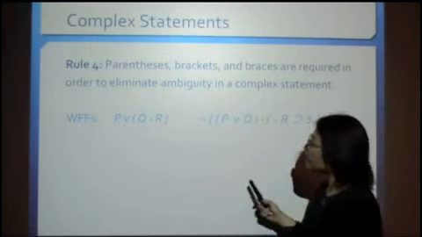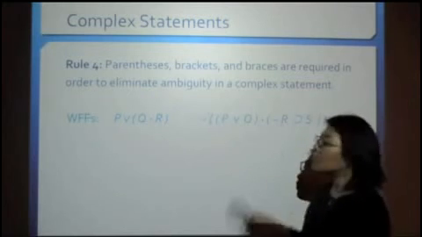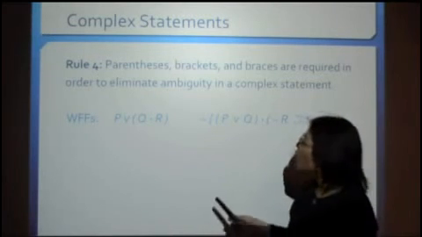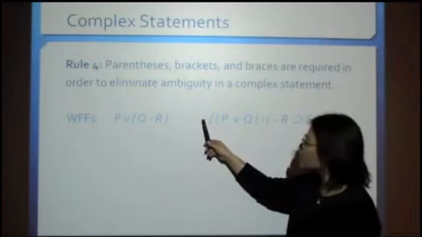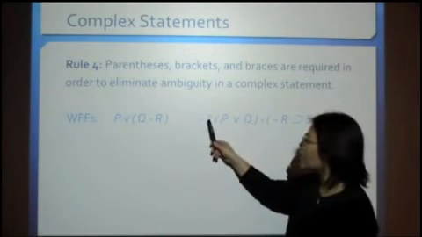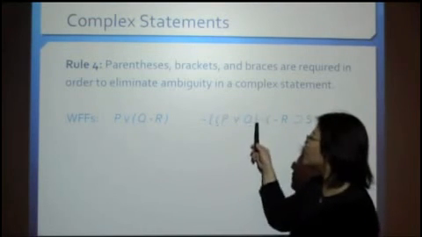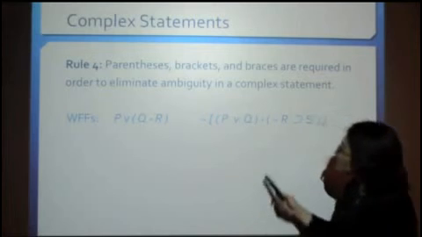Okay? Now, if these brackets were not here, okay, then we would actually have a different statement. Why? Because then this negation would end up in front of the parentheses here, which then would tell us that it is only negating whatever's inside the parentheses. Okay? Also, consider this.